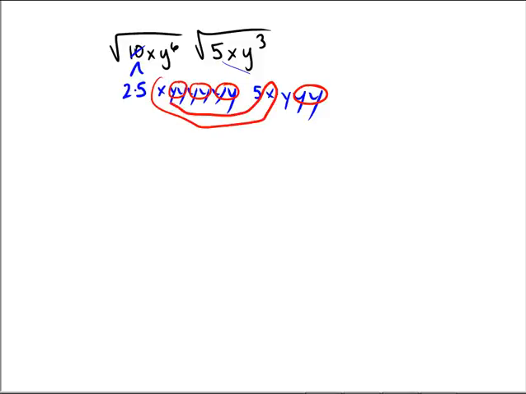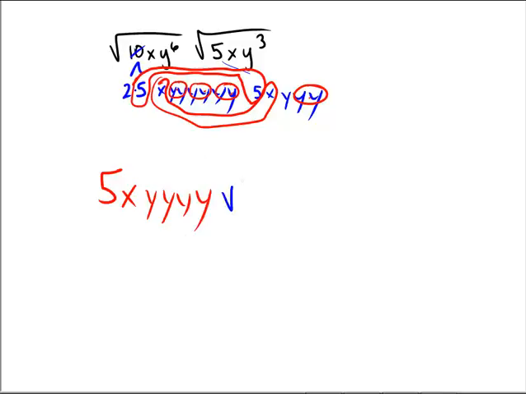Here is a pair of x's, and here is a pair of 5's. So escapees, 5's out, x is out, and 1, 2, 3, 4 copies of y. Who's left? Looks like a single y and the 2.